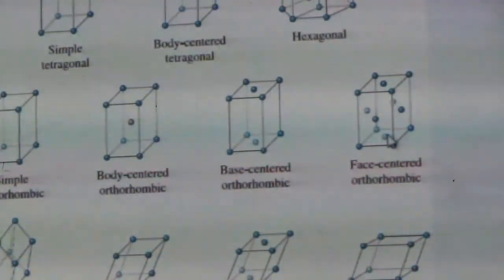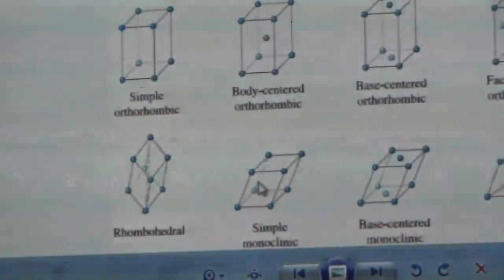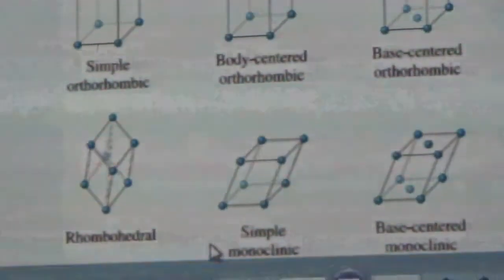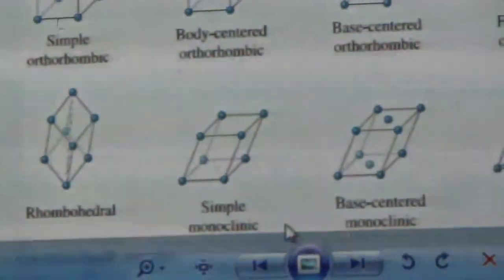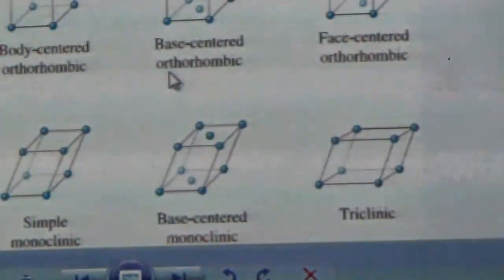Face centered orthorhombic, and this is a monoclinic. a is not equal to b, b is not equal to c, and alpha is not equal to beta, beta is not equal to gamma, gamma is not equal to alpha. It may be possible that this kind of unit cell also exists in some kinds of materials.